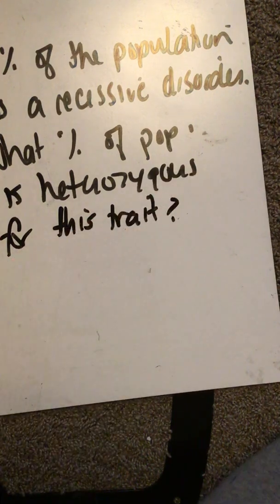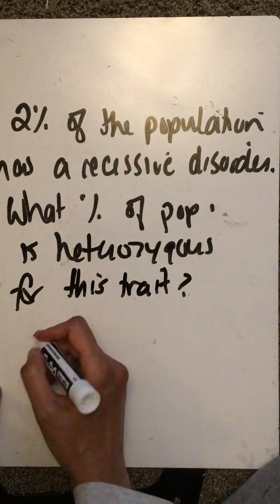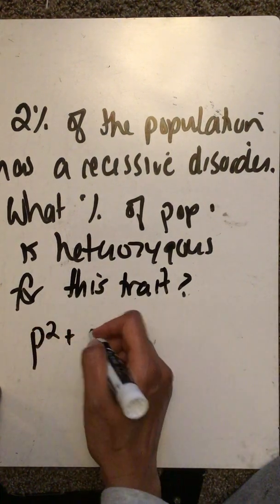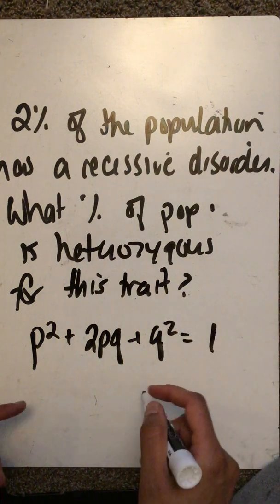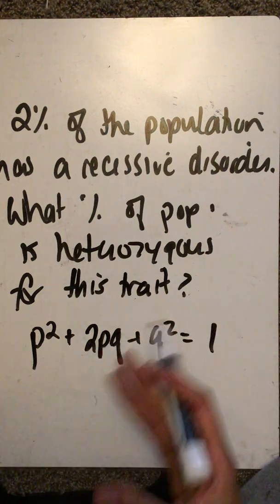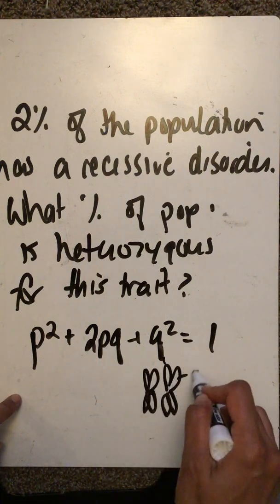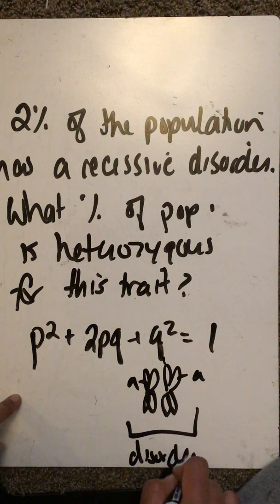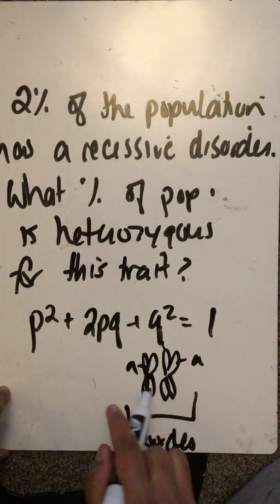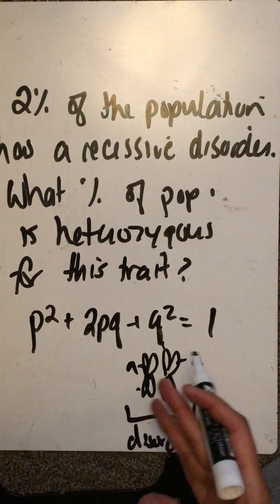Well, 2% of the population have a recessive disorder. Well, p squared plus 2pq plus q squared is equal to 1. 2% of the population express this disorder. That means 2% of the population must be little a, where you actually see the disorder. And the only way you see the disorder is if you get one from mom and one from dad. They both give you it, and so now you have the disorder.